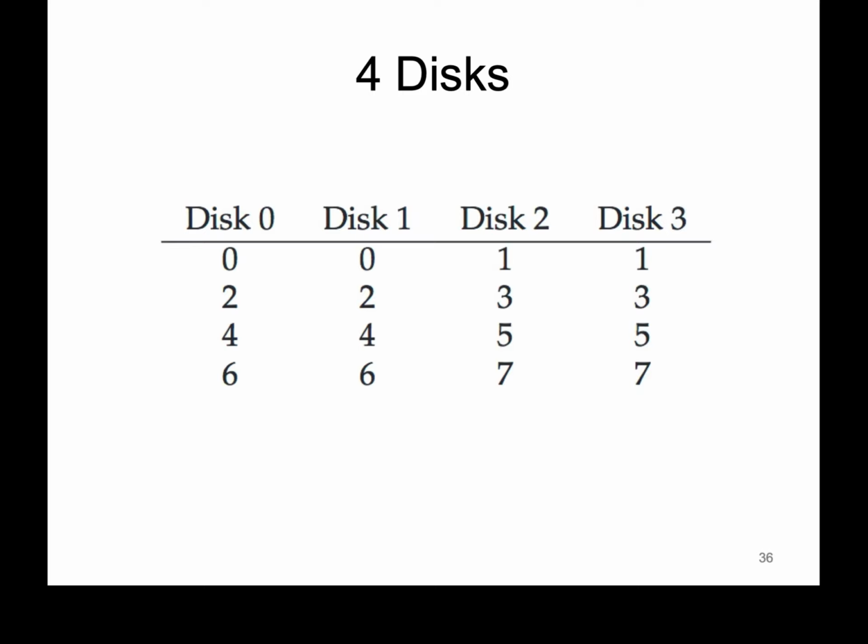So logical block number 0 gets duplicated on both disk 0 and disk 1, and the same for the rest of those logical blocks. Here we have a total number of 8 logical blocks, ranging from logical block 0 all the way to logical block 7. And logical block 7 gets duplicated on the second set of disks, disk 2 and disk 3, right? So 7 gets duplicated on these 2 devices.